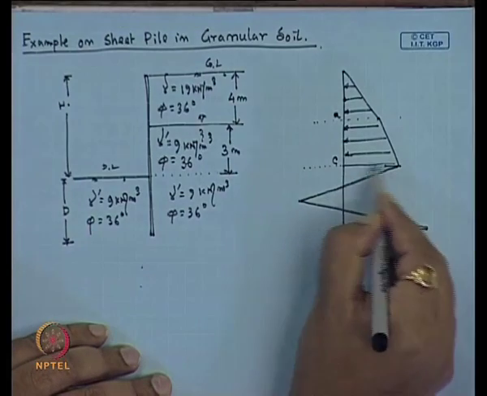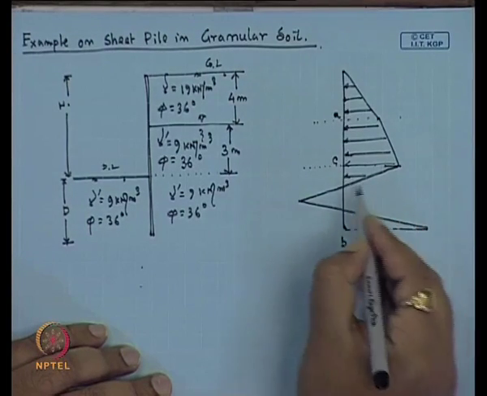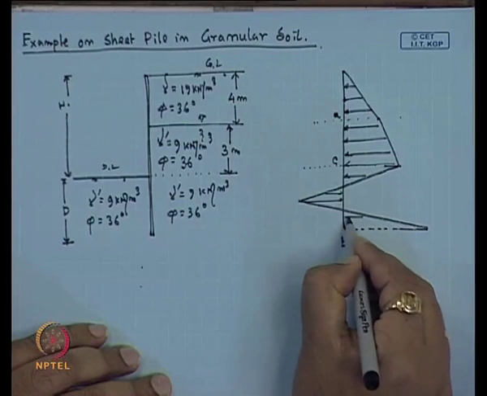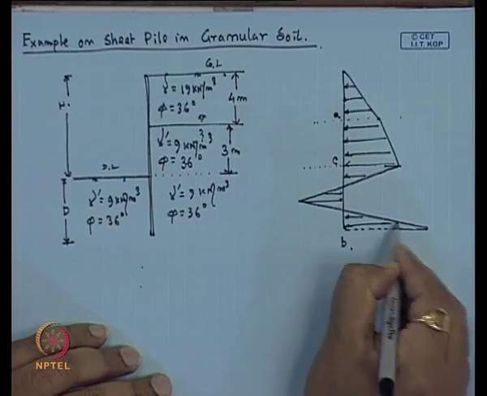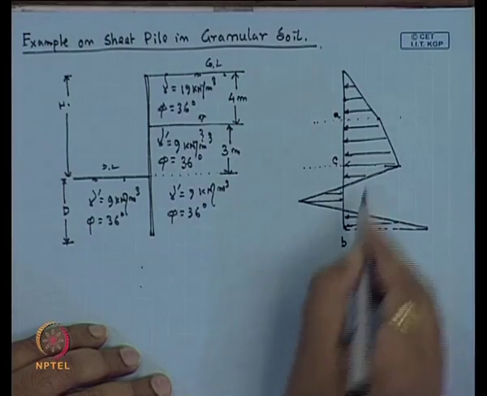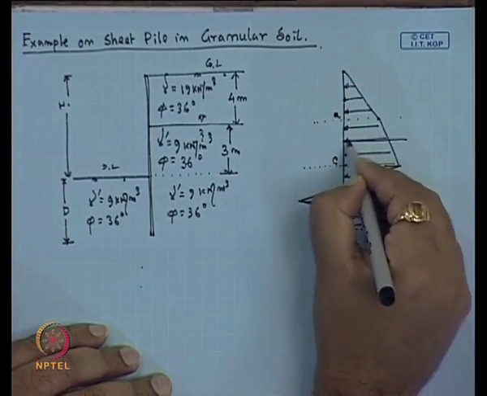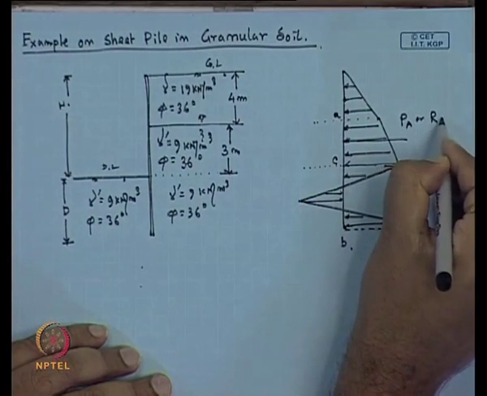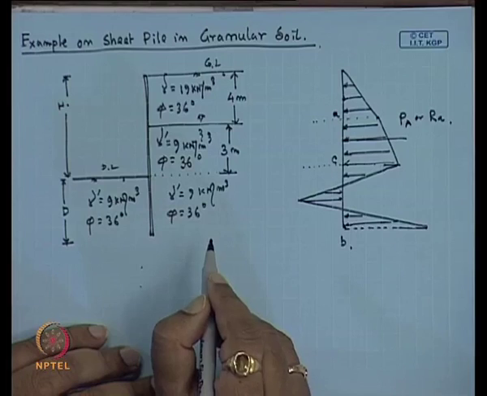Here the force will act in this direction, but here the force will act in the opposite direction, and here also it will act in this direction. The resultant force that will act here is P A or R A.